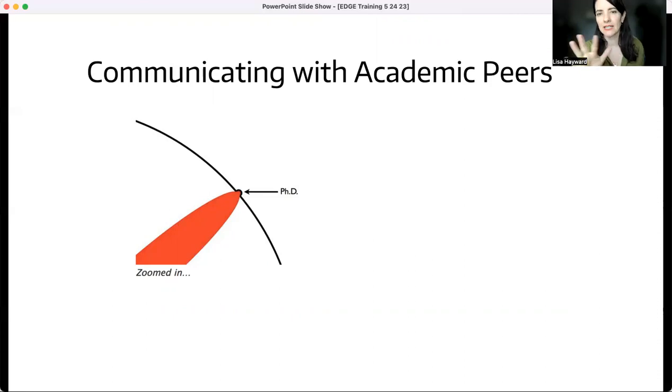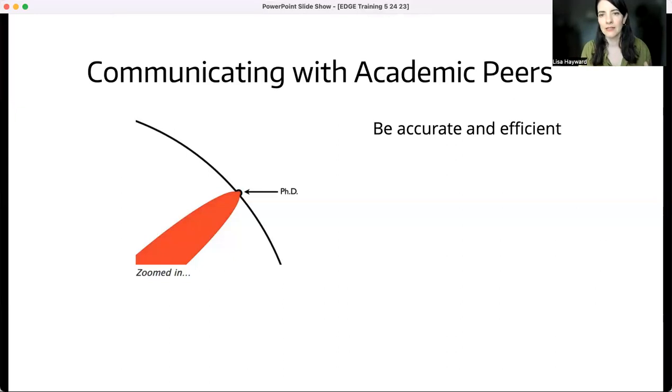So this is communicating with our academic peers. And what we need to do in this context, in our technical field, is to be accurate above all else and to be efficient because we have a lot of detail to convey to our peers. So if we want to be both accurate and efficient, our papers need to include all the context for our results, the methodology needs to be so detailed that somebody could replicate it.